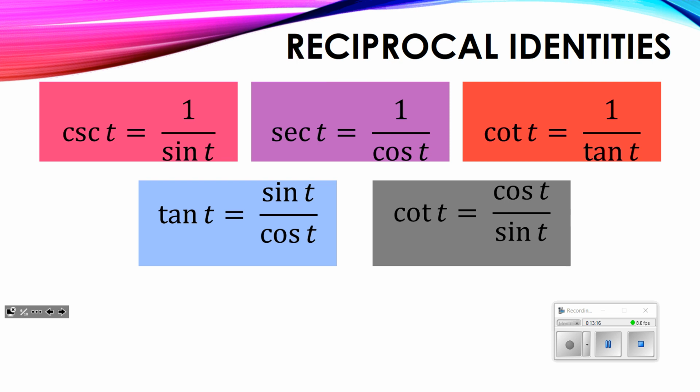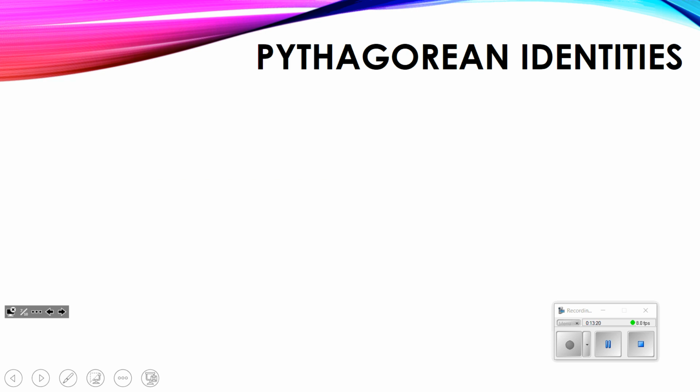All right, almost finished. So I think this is the last identity. Don't quote me on that. But we're going to talk about Pythagorean identities. Before I pop this up here, I want to see, based on what we've talked about today, if you can come up with the Pythagorean identity.